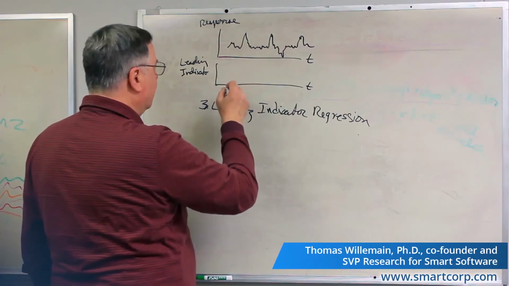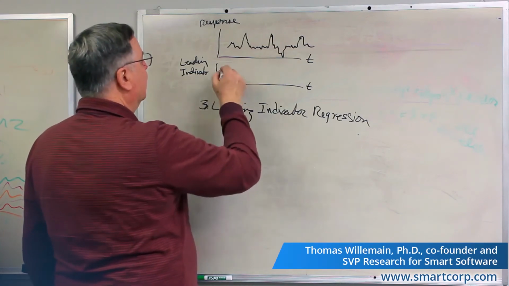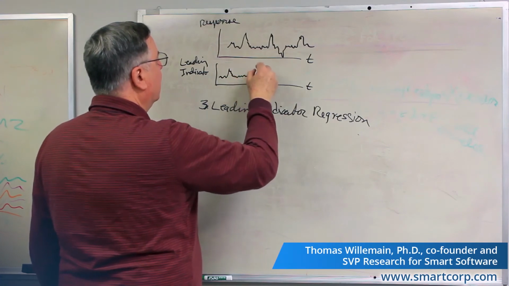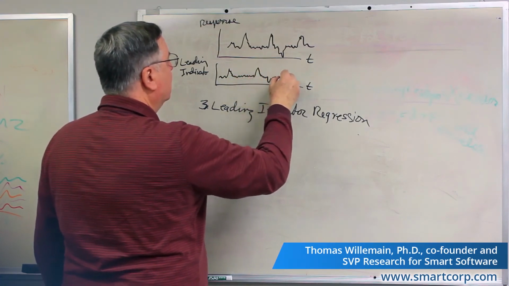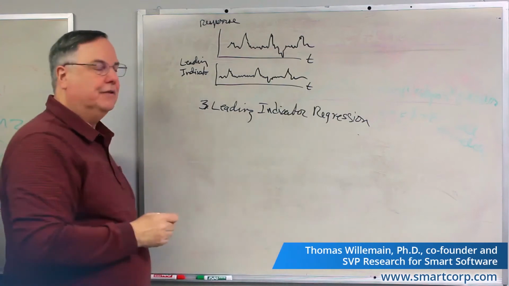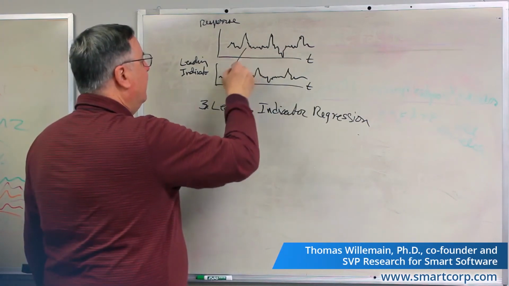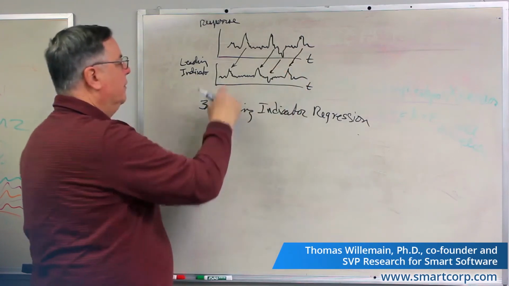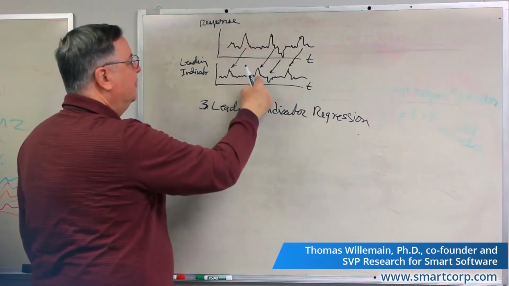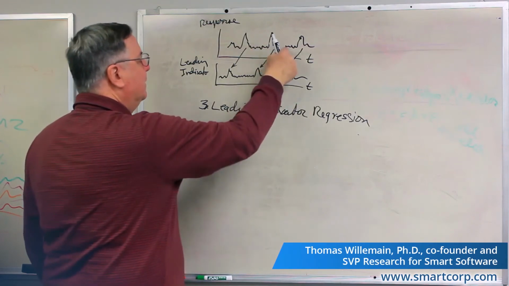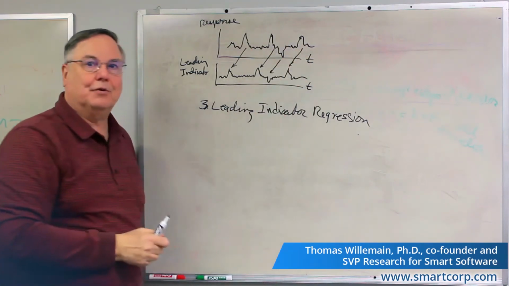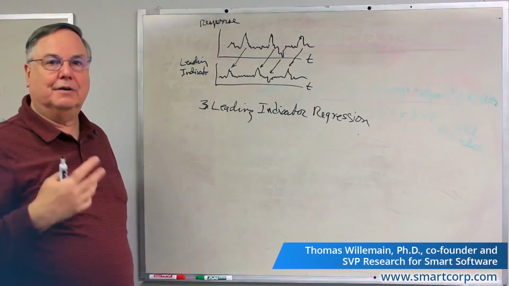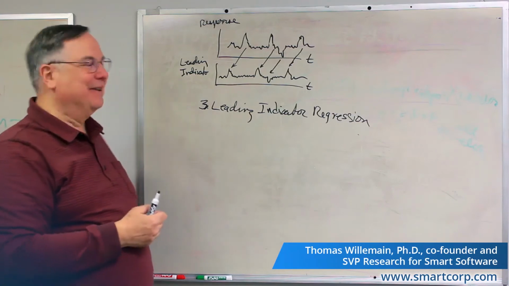Now if it turns out that the leading indicator was doing something like this, we see the same sort of pattern after some delay. This happens, then that responds. This happens, that responds. This goes down, that goes down. This goes up, that goes up after a while. That's the picture that would give us an indication of a leading indicator.